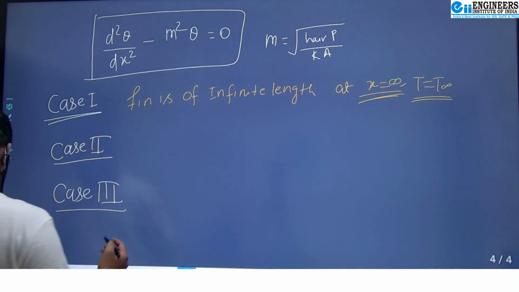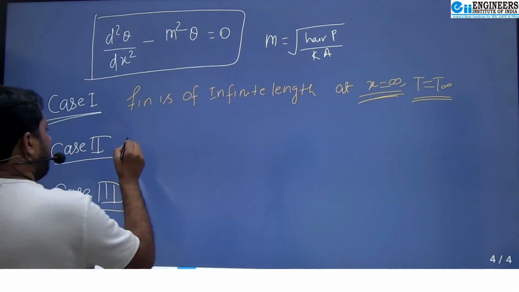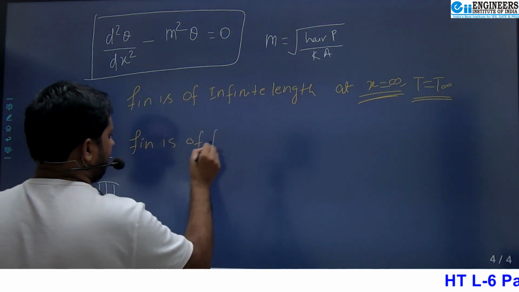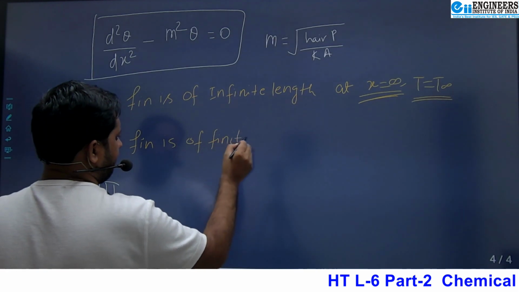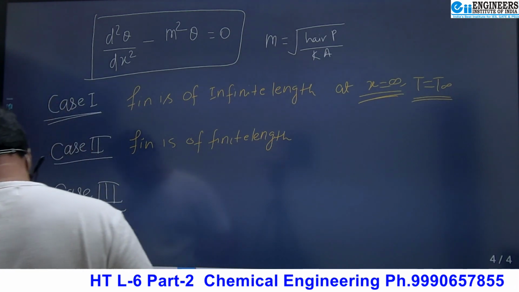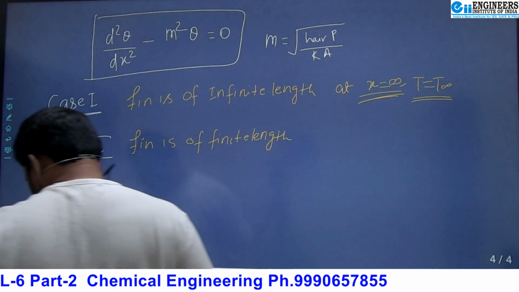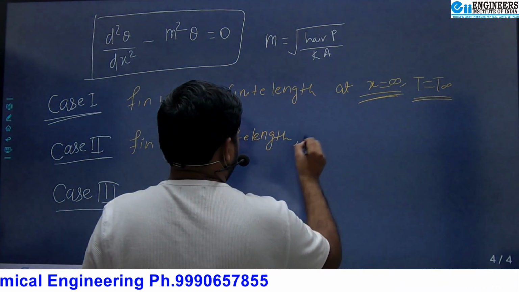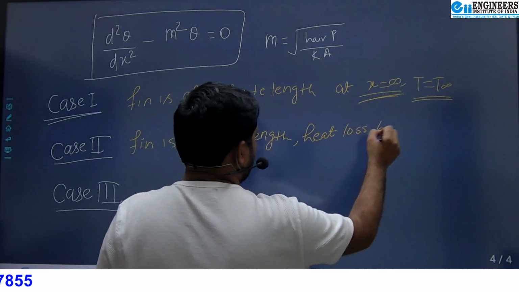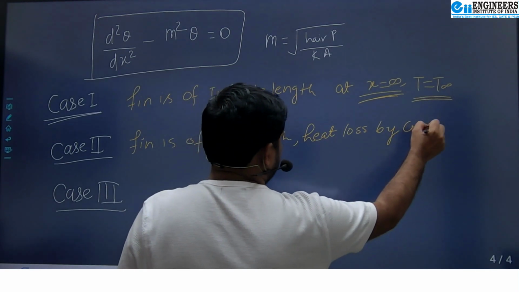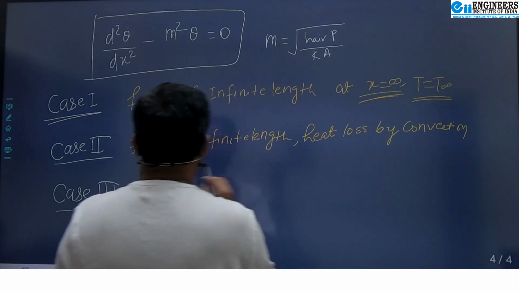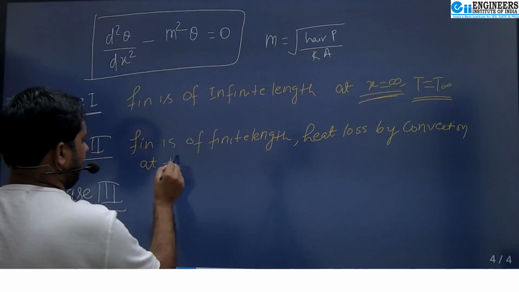Second case is the fin is of finite length and heat loss by convection at the end of the fin.